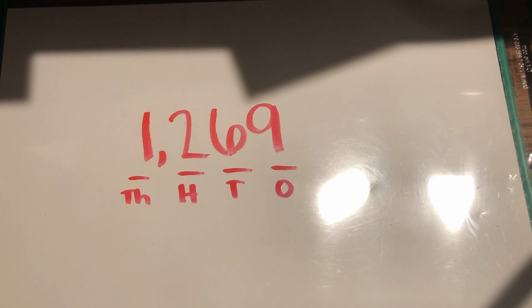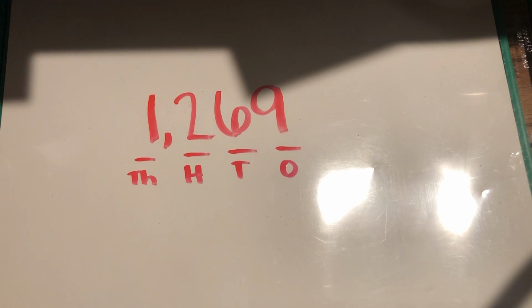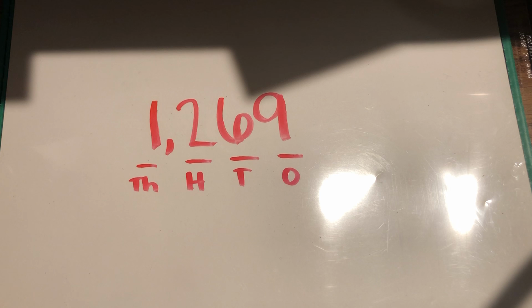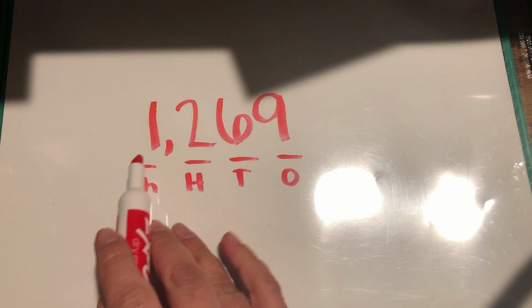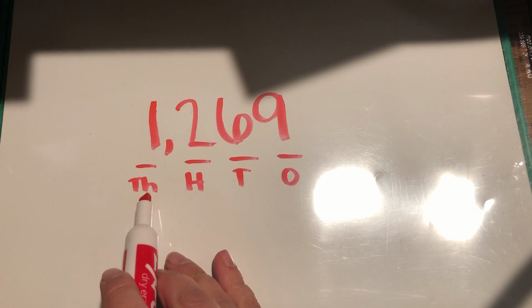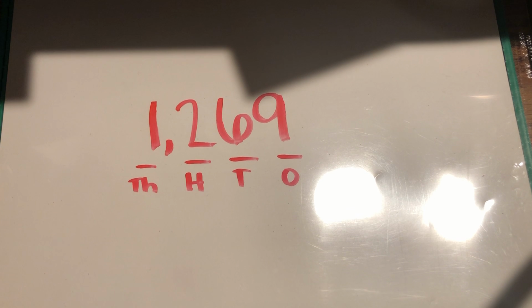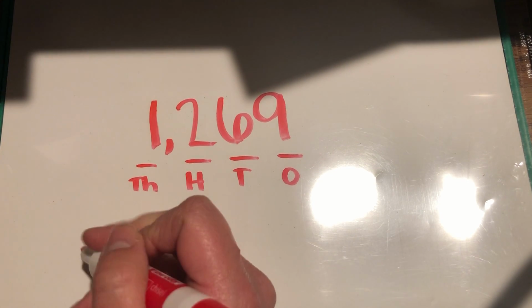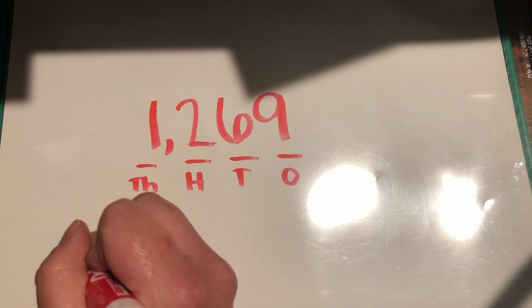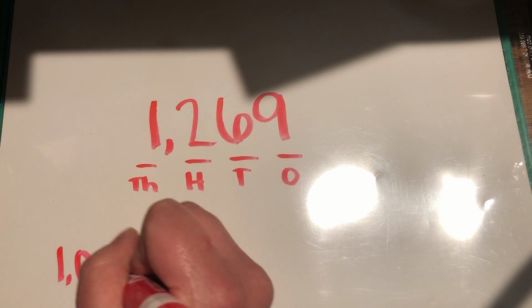Okay. So I always start with what number? My biggest. And so if 1 is representing the thousands, what value is that? That would be 1,000. I'm going to make sure I have my comma there.